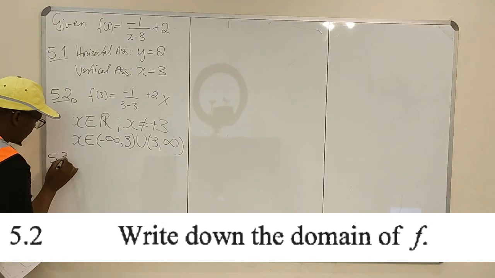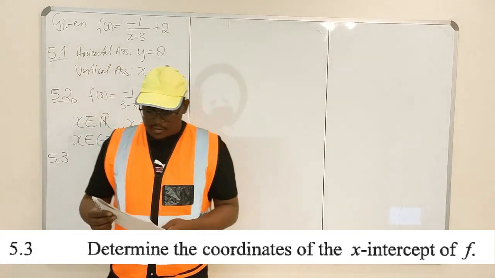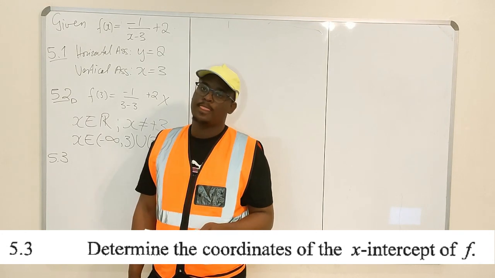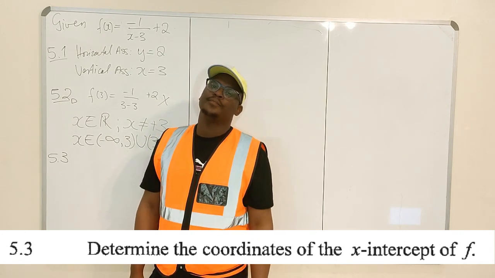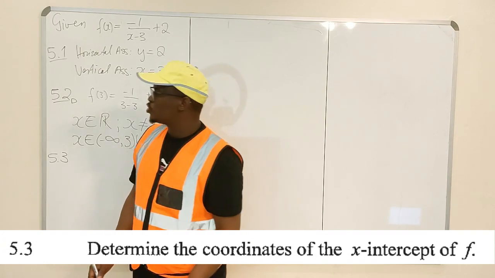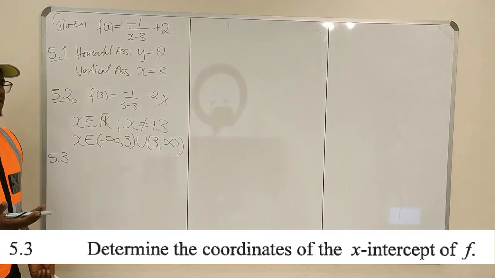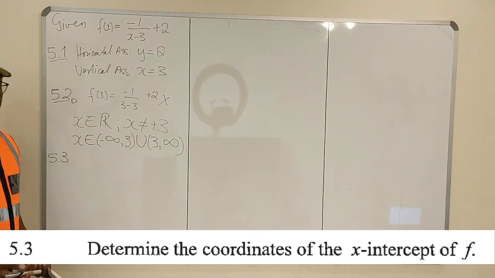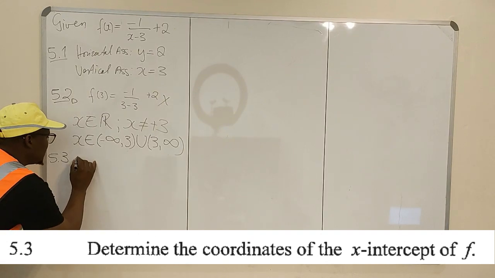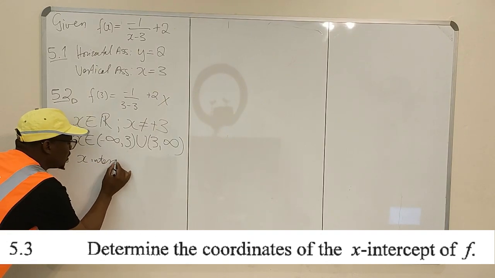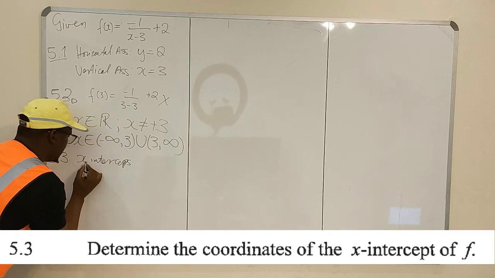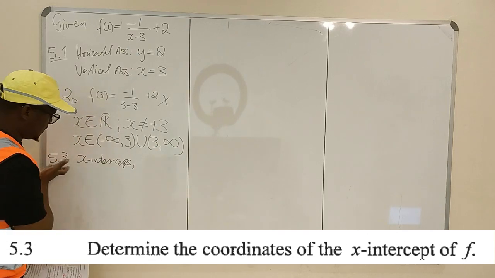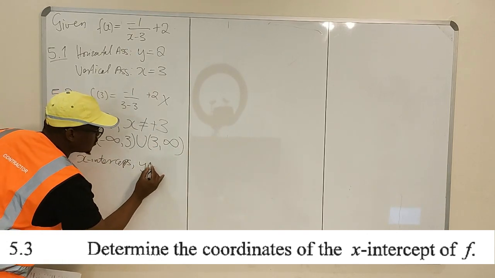5.3 reads as follows. Determine the coordinate of the x-intercept of f. They want you to find the coordinates of the x-intercept. So they want you to find where our graph intercepts the x-axis, right? If you want our x-intercepts, we know that on the x-axis, y is equal to 0.